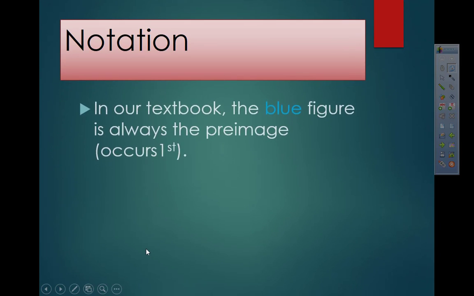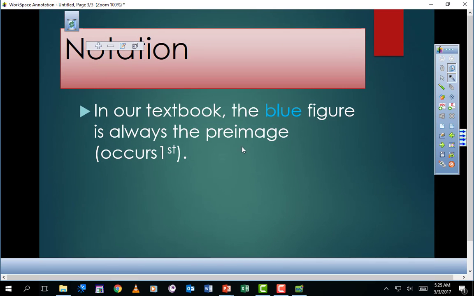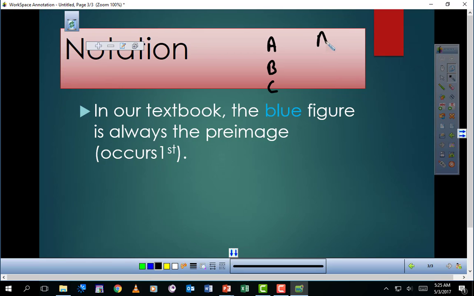There's another notation we use. Since the blue figure comes first, and we don't want to get confused between that one and the image, we use a different set of letters for it. For example, the blue image we would use A, B, and C. The image that comes afterwards we'll use A prime, B prime, C prime.